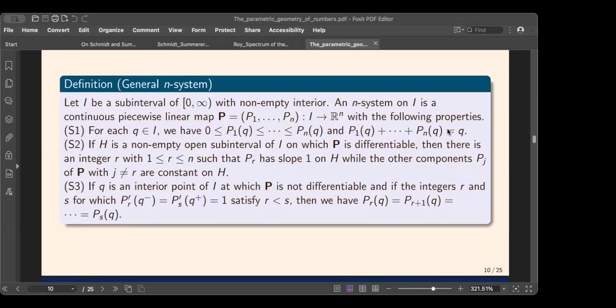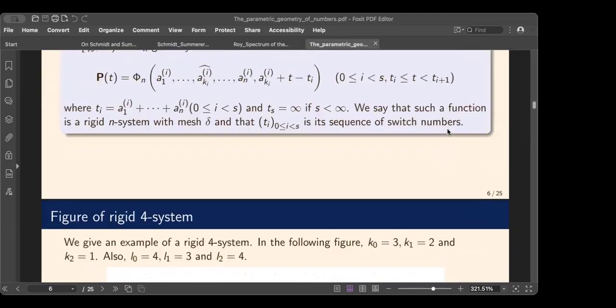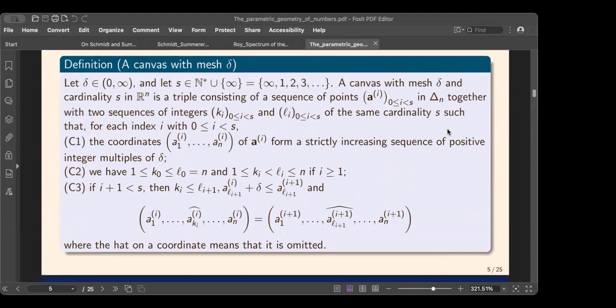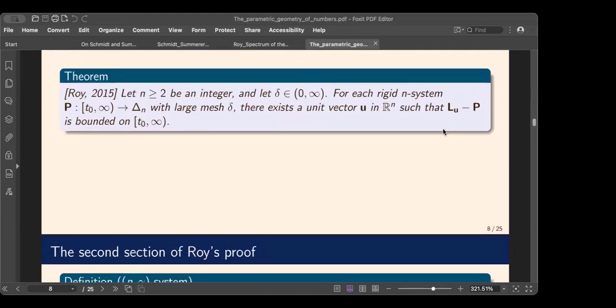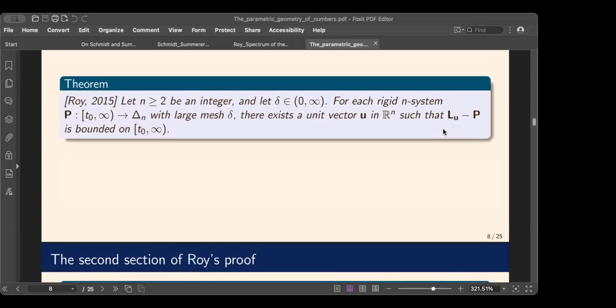And in my work, I only generalize the first part of Roy's paper, where I defined a convex mesh in the 2 by 2 matrix case, and show that there exists a matrix U such that L u minus P is bounded.